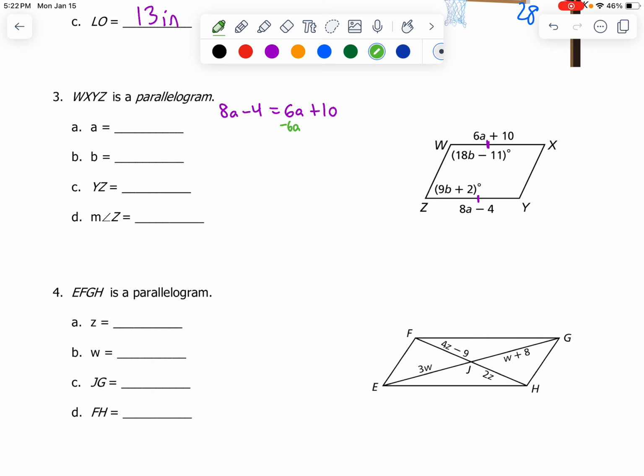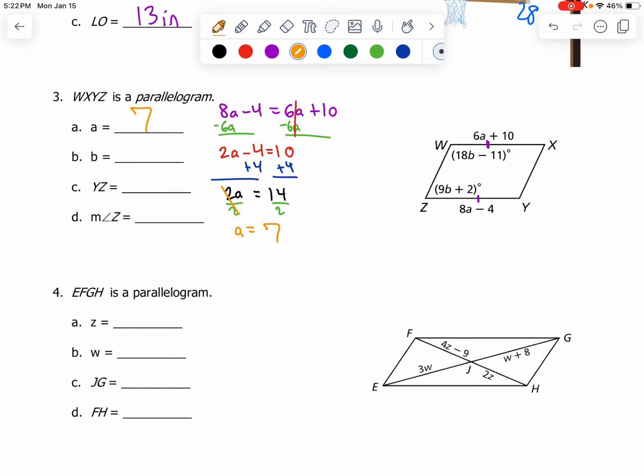Minus 6a on both sides. And so 2a minus 4 equals 10. Plus 4 on both sides. 2a equals 14. Divide by 2. And a equals 7. So we'll go ahead and put the 7 right there.